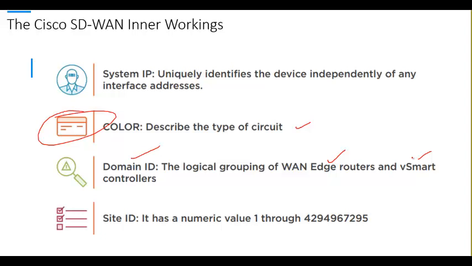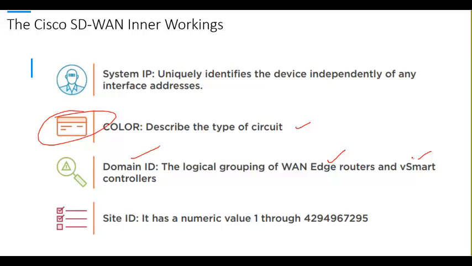So an organization can use multiple networks according to the business need. Now each business unit will have a separate domain ID. Because you have multiple SD-WAN fabrics, each fabric needs to be differentiated. The WAN edge of one fabric should not get synchronized with another business unit's vSmart.